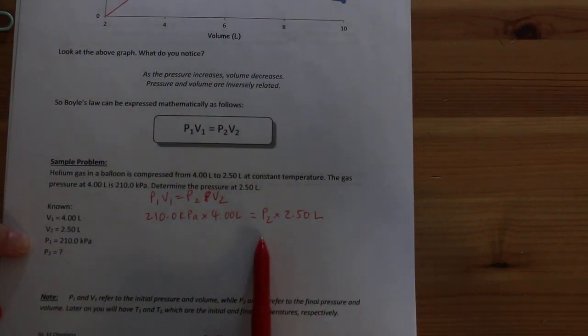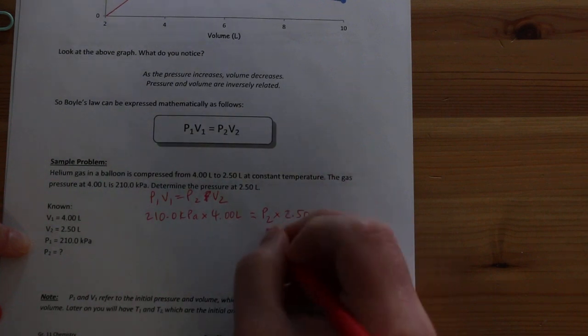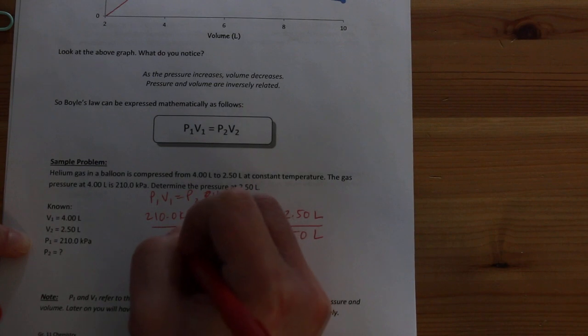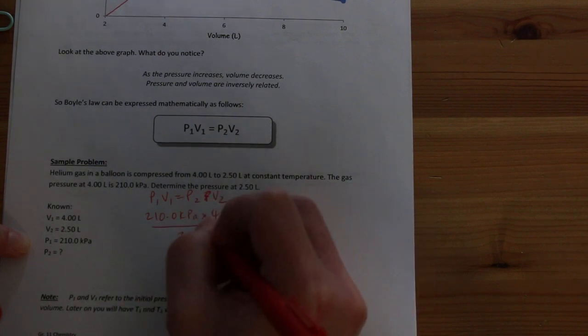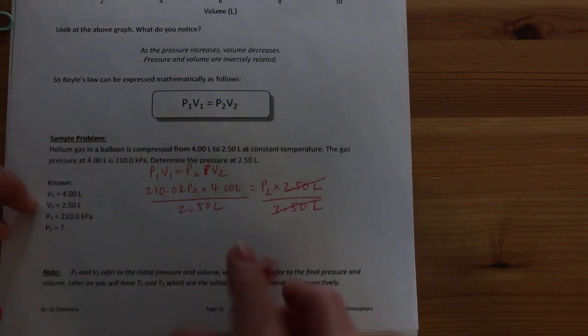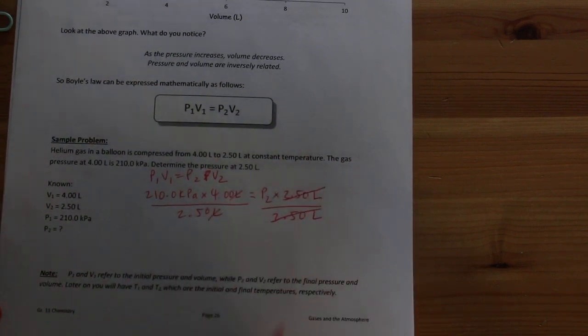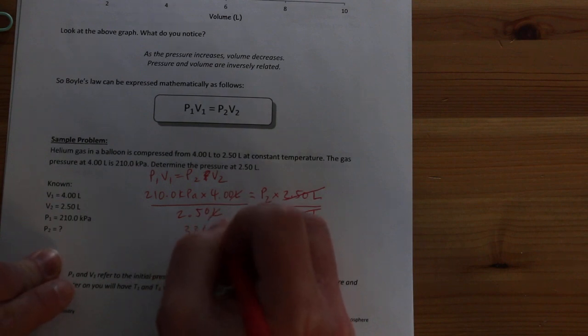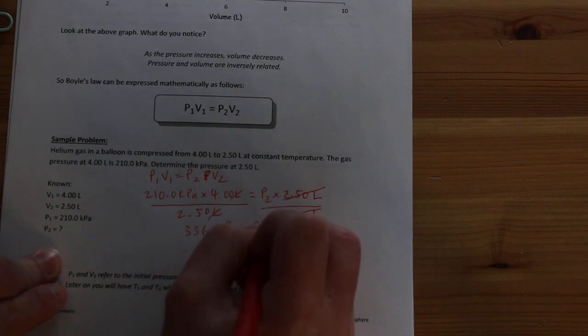To get P2 on its own, we're going to divide both sides by 2.5 liters, and the 2.5 liters will cancel. Then we put in our calculator 210 multiplied by 4 divided by 2.5. That's going to give us 336 kilopascals equals P2.